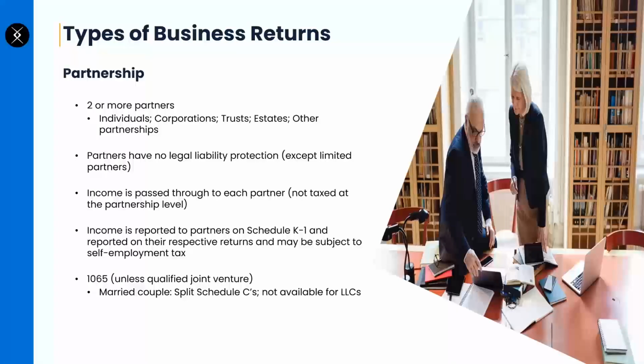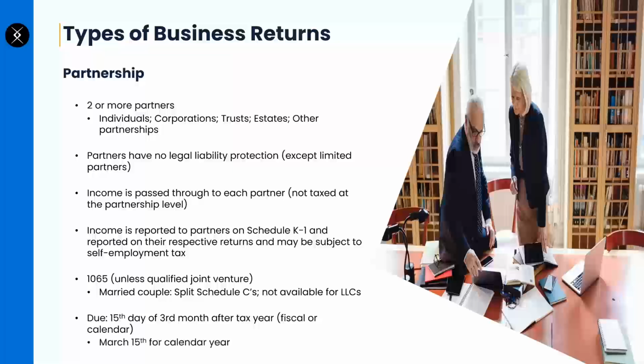And then married couple, split Schedule Cs, not available for LLCs. These returns are normally due the 15th day of the third month after tax year, so fiscal or calendar. And then that is typically around March 15th of that calendar year.